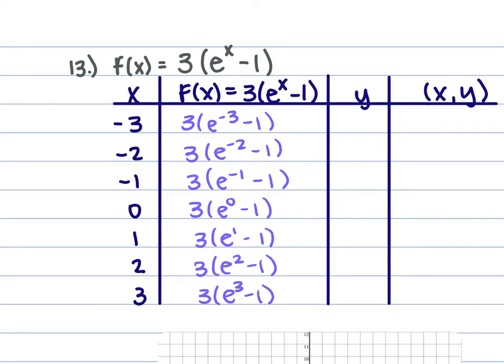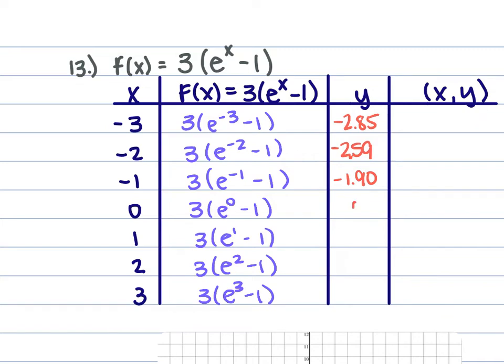So using my calculator, 3 times e to the negative third minus 1 gives us negative 2.85. 3 times e to the negative second minus 1 is negative 2.59. Then 3 times e to the negative first minus 1 is negative 1.90.